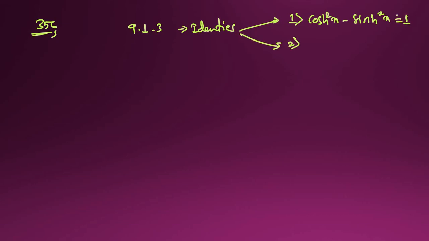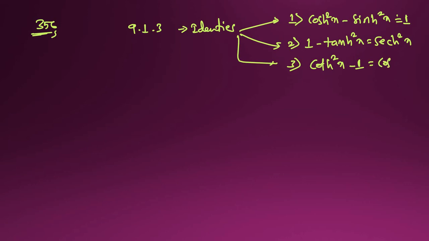We'll discuss these identities. Again, 1 minus tanh square x is equal to sech square x, and the third one, coth square x minus 1 is equal to cosech square x. These are the identities in 9.1.3. Their proofs are also given there.